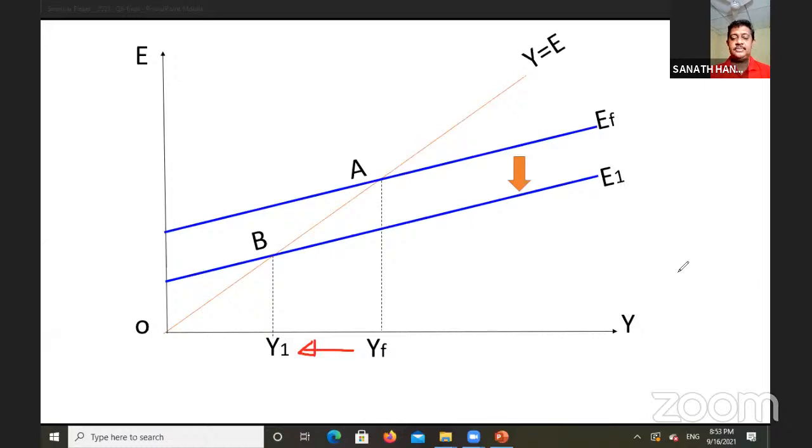Assume the expenditure of this economy decreases to E1. National income decreases to Y1.